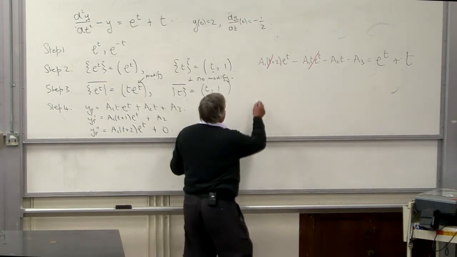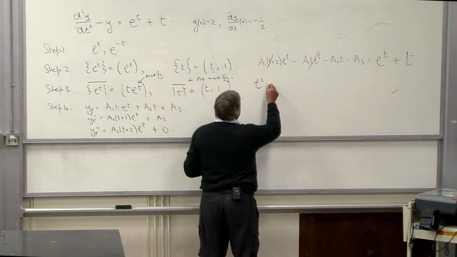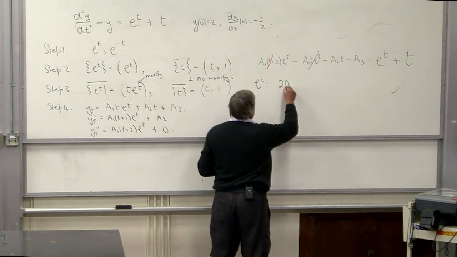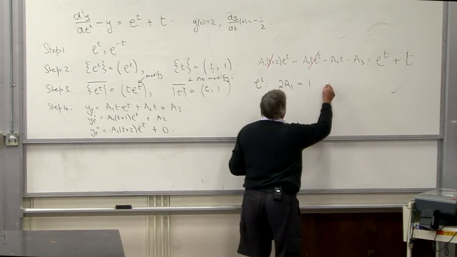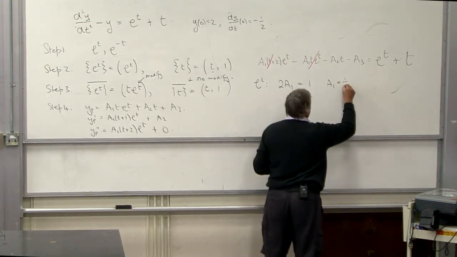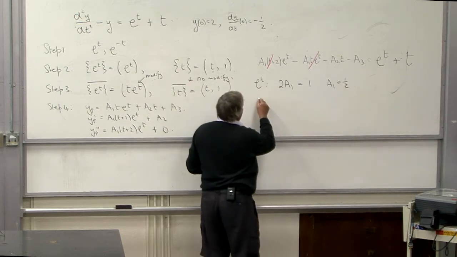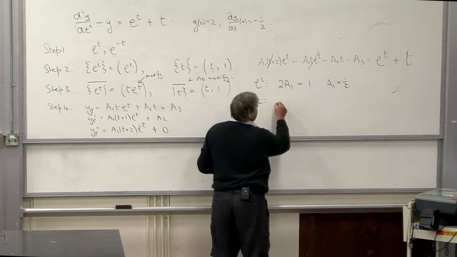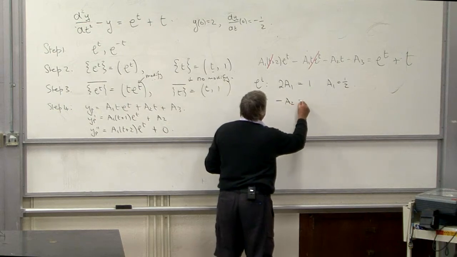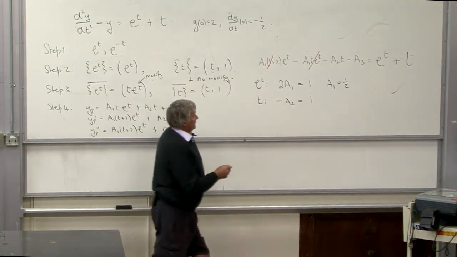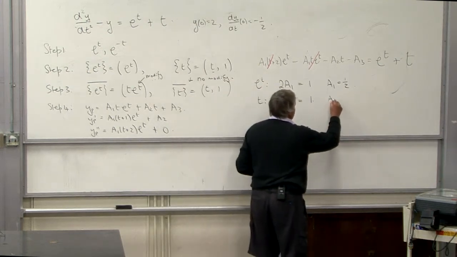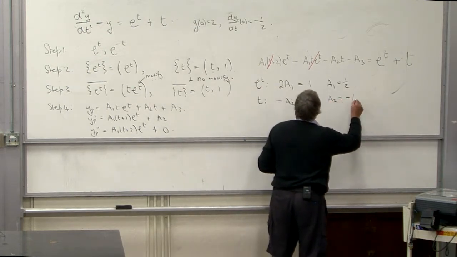Now, the coefficient of e to the t, I have 2a1 on the left-hand side and 1 on the right-hand side, so a1 is a half. The coefficients of t, I have minus a2 on the left-hand side and 1 on the right-hand side. So a2 is minus 1.